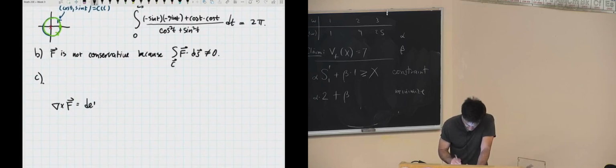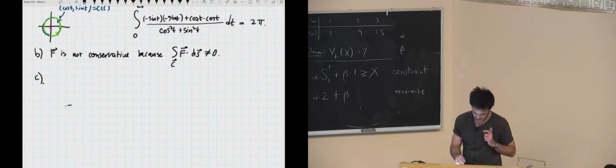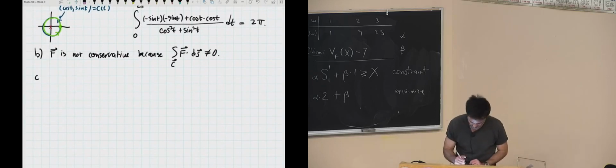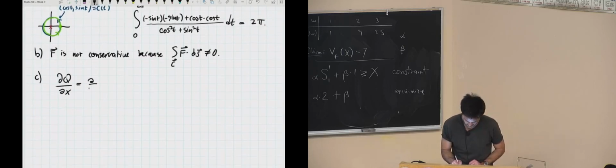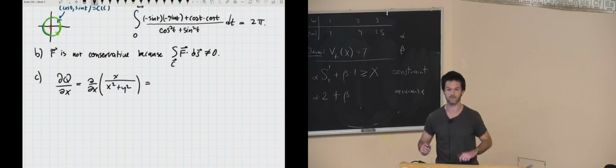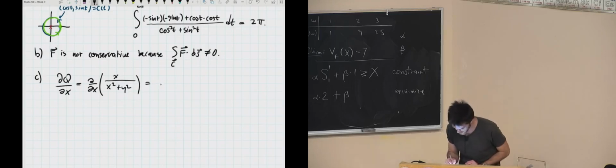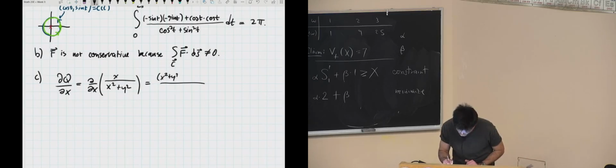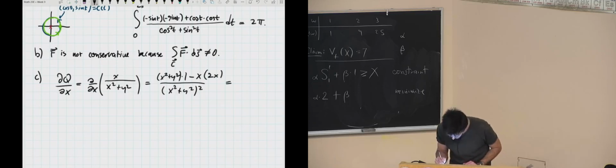We're asking about the scalar curl. So let's compute: dQ/dx is d/dx of the x component, x over x squared plus y squared, which is low d high minus high d low, square the bottom, and away we go. And this ends up being y squared minus x squared over (x squared plus y squared) squared.